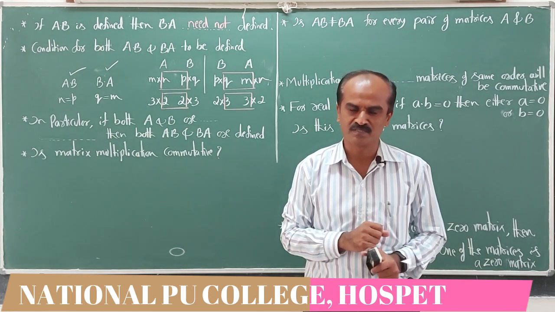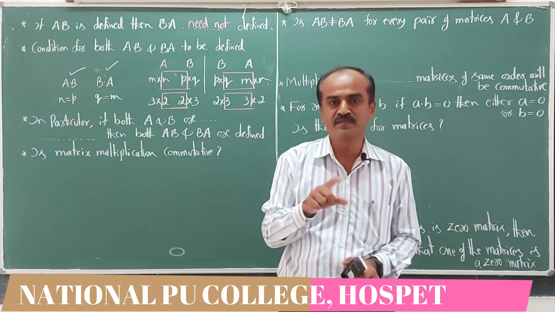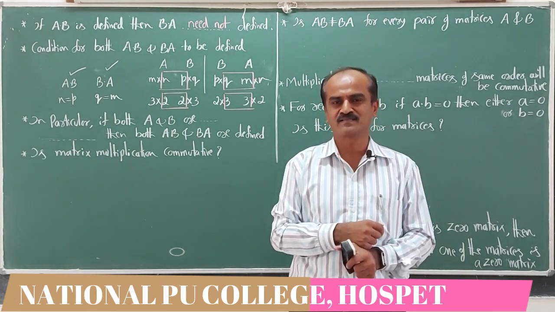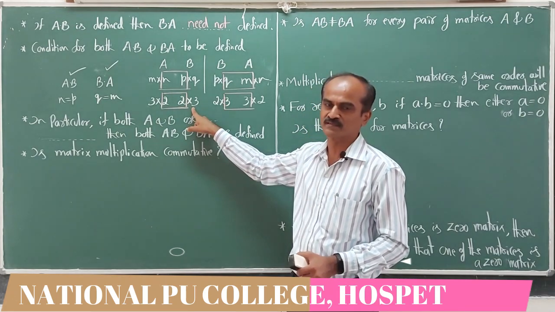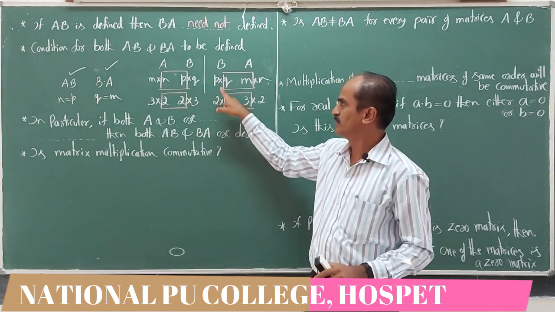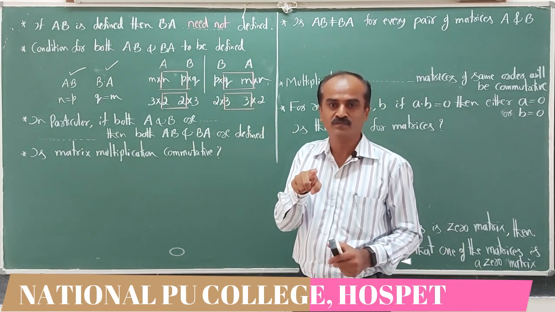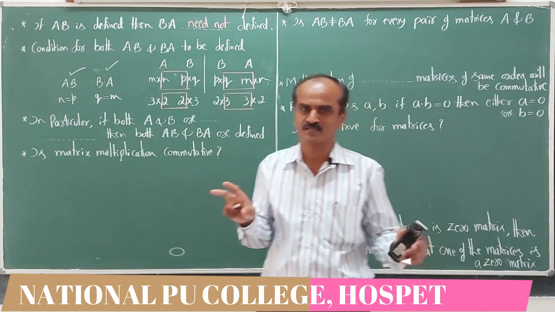Otherwise not possible. Suppose if A is a 4 by 3 matrix, B must be 3 by 4 matrix. Like here, A is 3 by 2, B is 2 by 3. A's row and column should be shuffled. So if A is 3 by 4, then B must be 4 by 3. So this is what you have to remember.